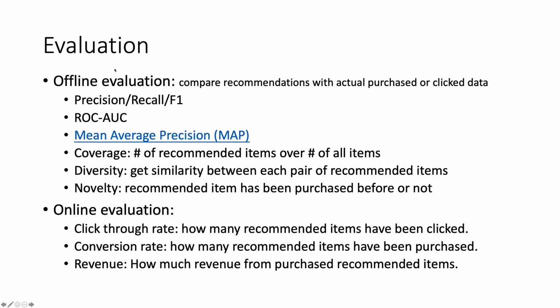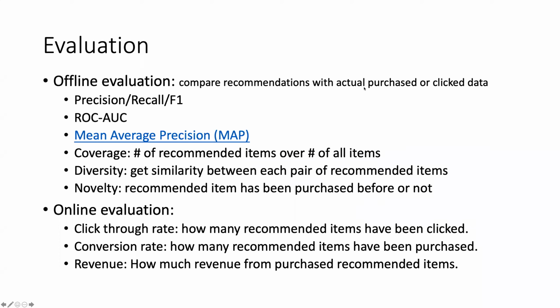The first one is offline evaluation, which means when you're doing the training, you can use this to compare your recommendations with the actual purchases. For example, your total data could be 1 year of data, and you can use the first 10 months for training, and then use the last 2 months for testing.